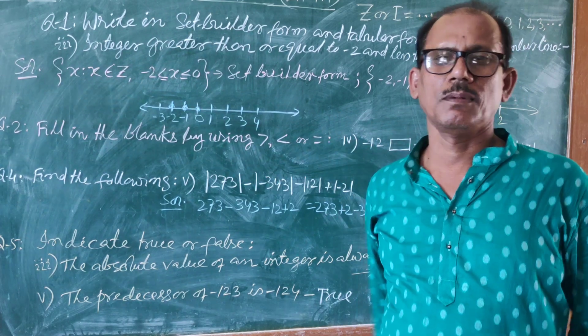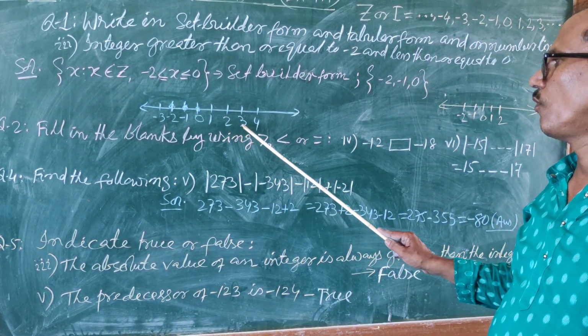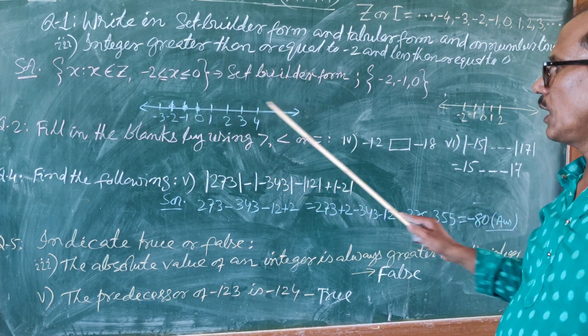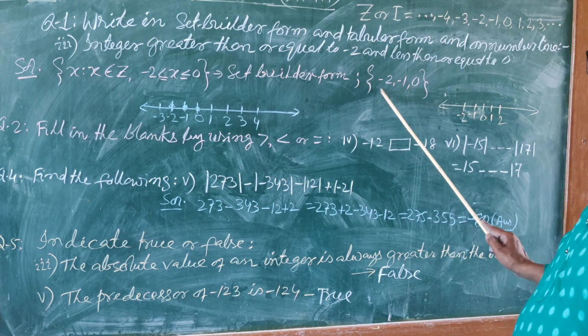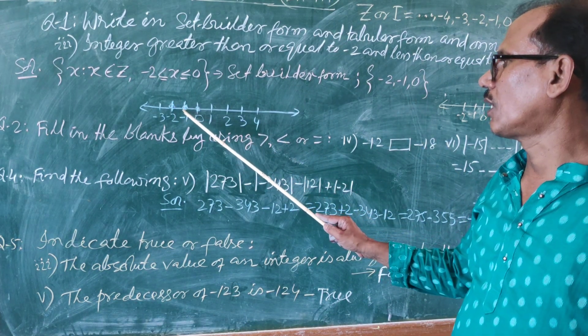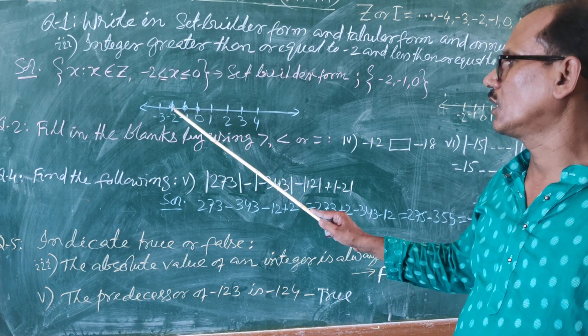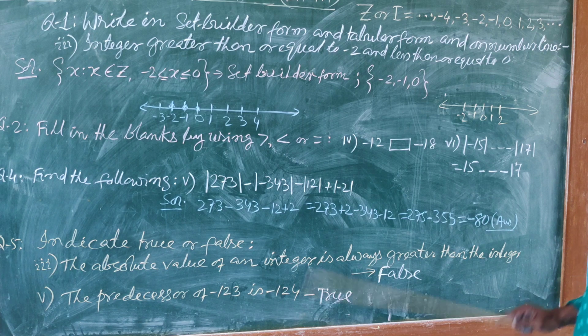They are the smaller numbers, and on the right hand side of 0 will be 1, 2, 3, 4 like this. You have drawn the number line, drawn the scale, and you need to pick these 3 integers and mark them with a thick dot: minus 2, minus 1 and 0. I hope things are very easy for you.